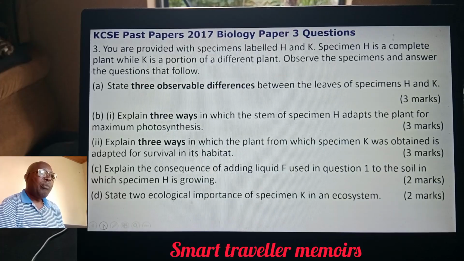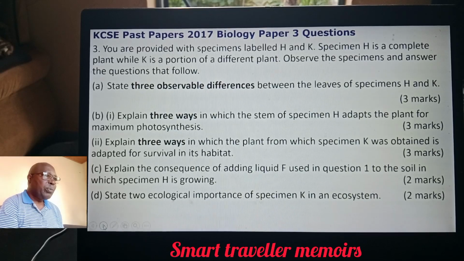Questions. You are provided with specimens labeled H and K. Specimen H is a complete plant, while K is a portion of a different plant. Observe the specimens and answer the questions that follow. A. State 3 observable differences between the leaves of specimen H and K. B. Roman 1. Explain 3 ways in which the stem of specimen H adapts the plant for maximum photosynthesis.